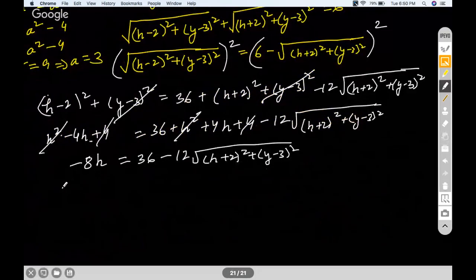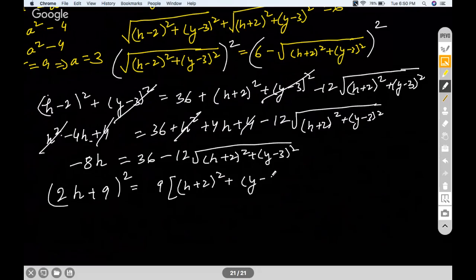So divide throughout with 4, you will get (2h plus 9) whole square is equal to 9 times (h plus 2) whole square plus (y minus 3) whole square. So what I did is, I brought this 36 to the left side and I divided throughout with minus 4 and I squared both the sides.